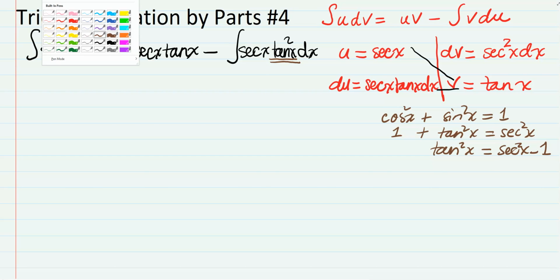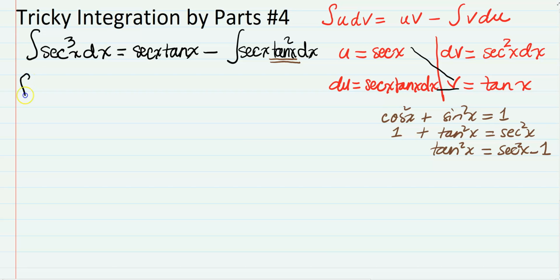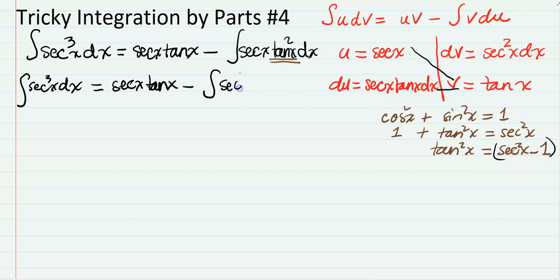And that is what I am going to substitute in for tangent square x. All right, so I'm going to go ahead and rewrite my problem. The integral of secant cube x dx is going to equal secant x tangent x minus the integral of, when I replace this in for tangent square, I will have secant cube x. That's good, right? Because that's what I started with. So based on number 3, we kind of like that trick right there.